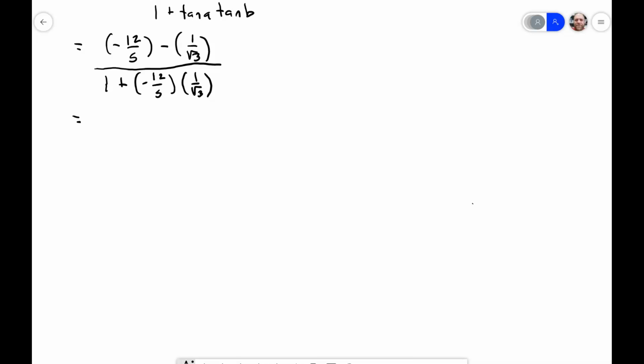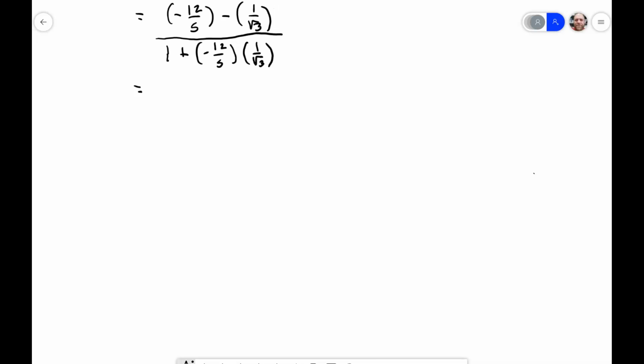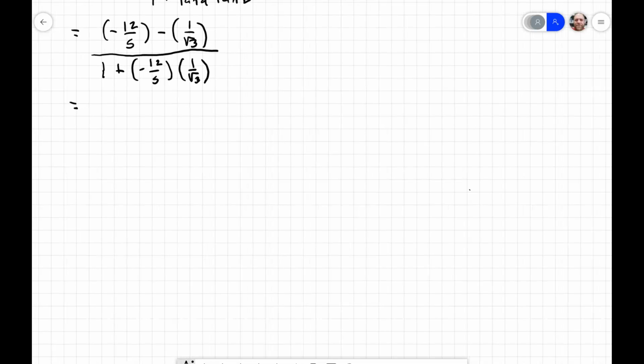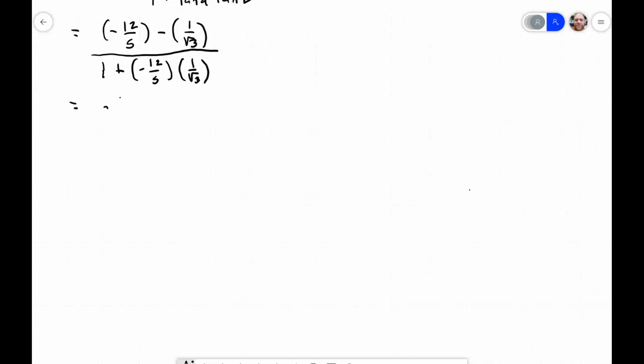So we should get, make sure this is right, negative 12 root 3 over 5. This is multiplying the top and the bottom by root 3, minus, and then multiply the top and the bottom by 5 over root 3.